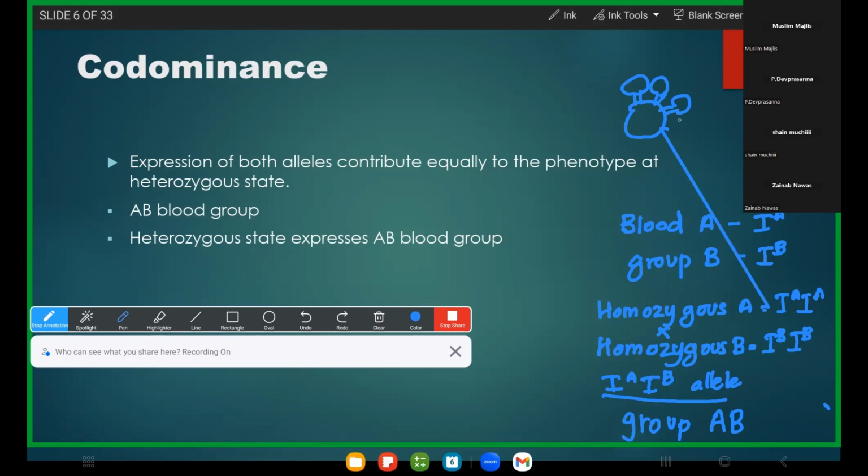So if they have one type of polypeptide, they are considered to be A, and if they have a different type of polypeptide, they are considered to be B. During the homozygous A situation, they only express this polypeptide, and during the homozygous B situation, they only express this kind of polypeptide. But during this kind of situation where they are heterozygous, they would express both polypeptides on their surface.